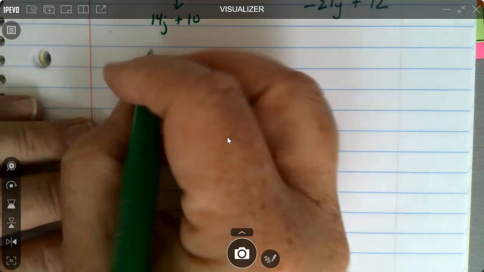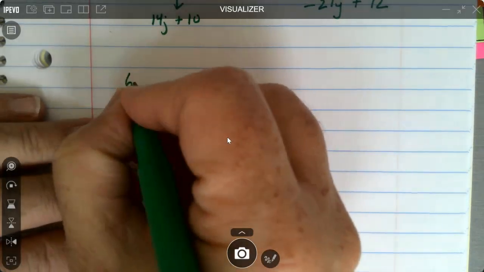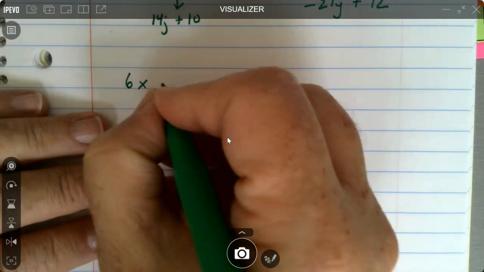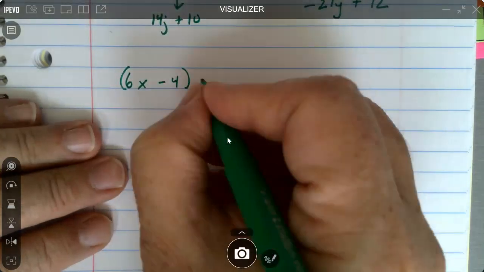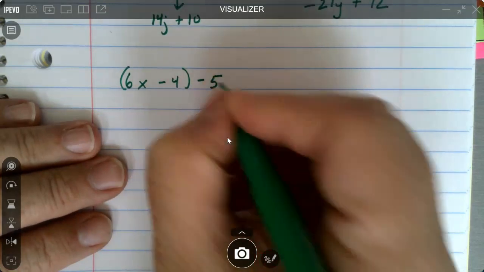So let's say we'll do another one where we put our term in the back for it. So if we did 6x minus 4, negative 5 back here.